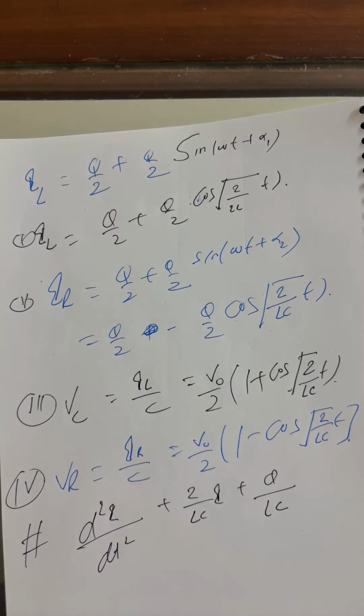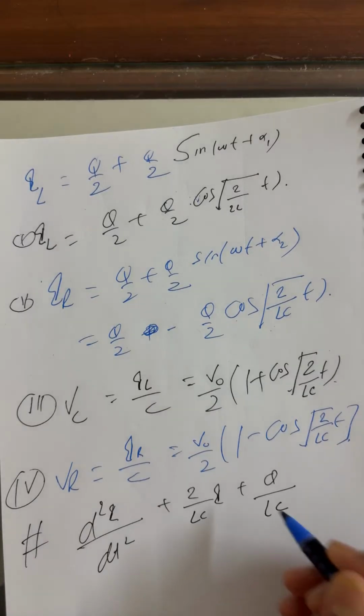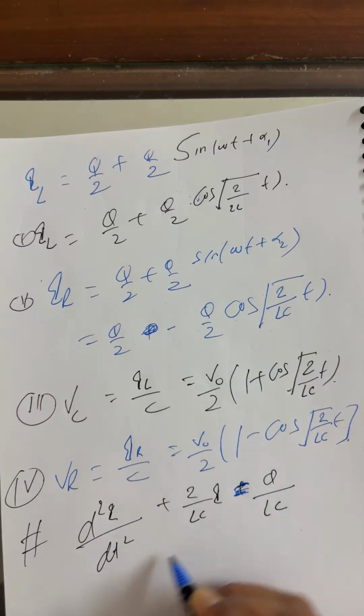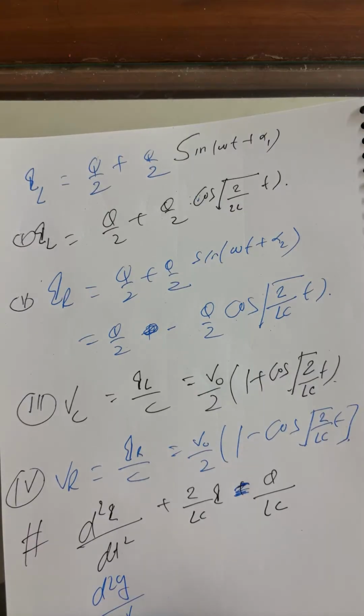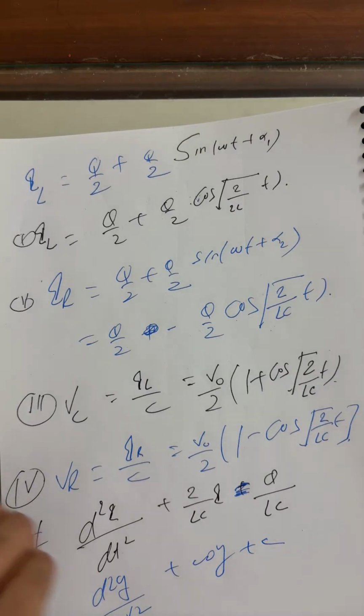So same thing beta, it's a double derivative. Just keeping in mind beta, compare this from here only: d2y by dx square plus omega into y plus c.